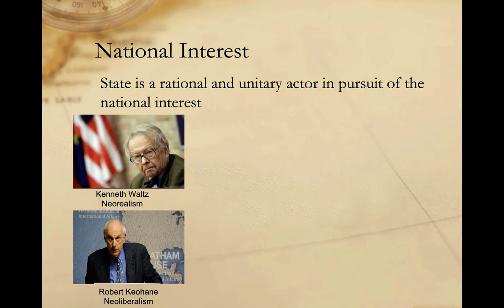While neoliberalism and neorealism both hold that the state is a rational actor operating in the pursuit of the national interest, they disagree on exactly what that interest is and how it should be defined. Neoliberalism believes that states are, or at least should be, concerned primarily with absolute gains, while neorealists assert that the security dilemma dictates that states should be concerned with relative gains instead.